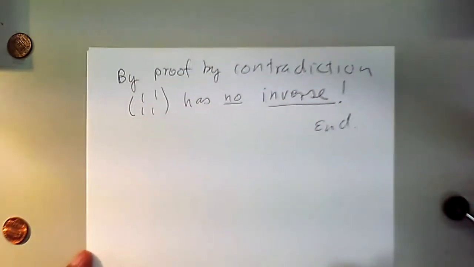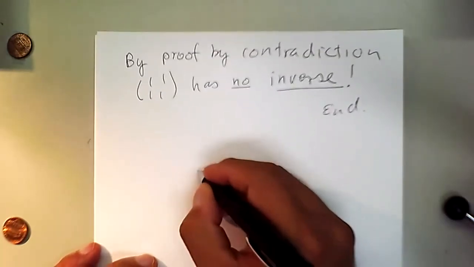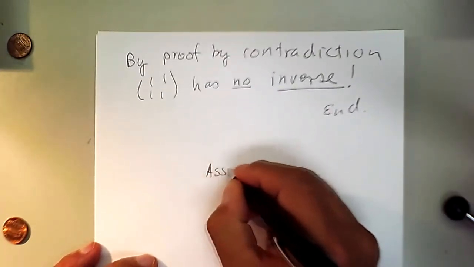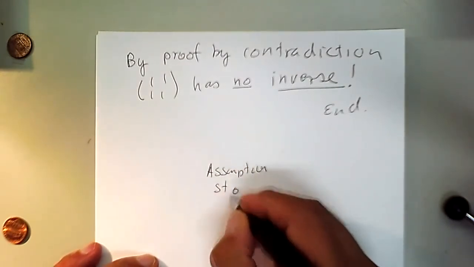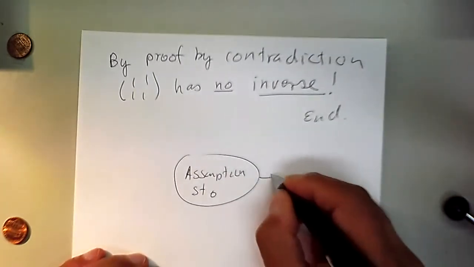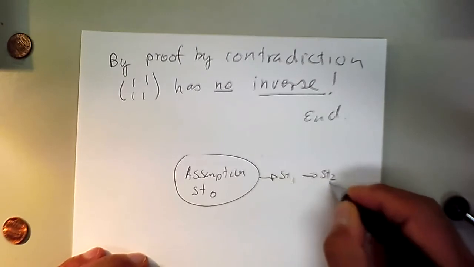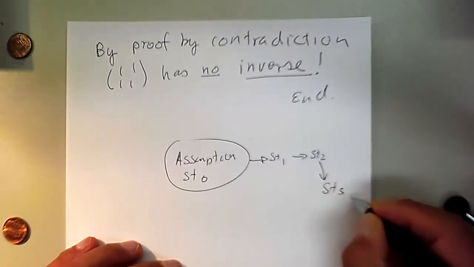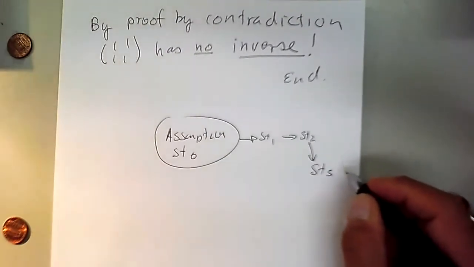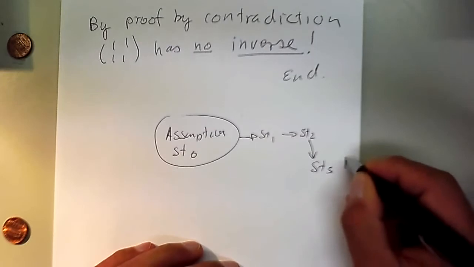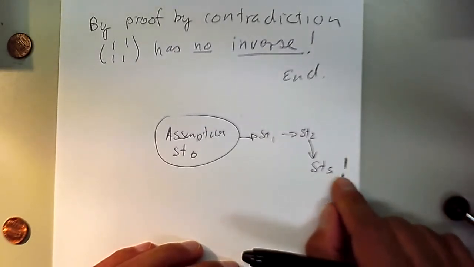I just want to elaborate on the proof by contradiction. So if we make an assumption, which is statement 0, and then you get to a statement 1, and a statement 2, and let's say a statement 3, and this happens to be a contradiction. Oftentimes, math people use the exclamation to show that, although that is used in many different ways.